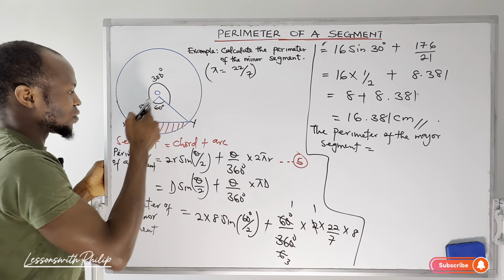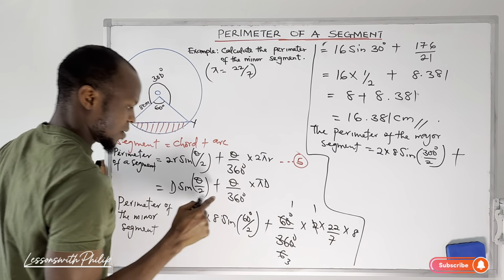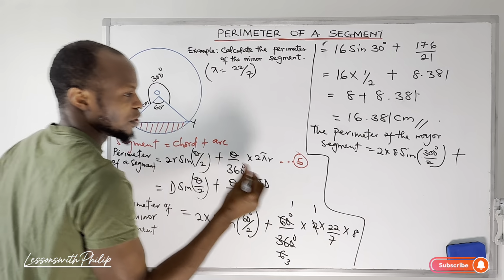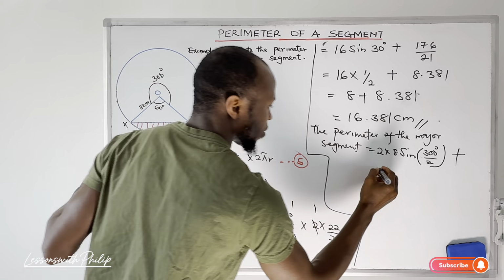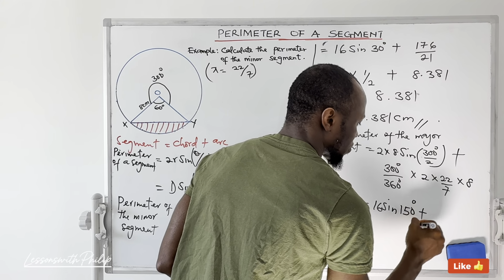Sine 300 degrees divided by 2, plus my theta, 300, divided by 360 degrees multiplied by 2 times 22 over 7 times R, which is 8. So 2 times 8 is 16. So we have 16 sine 300 divided by 2, which is 150. That's sine 150 degrees, plus the arc.